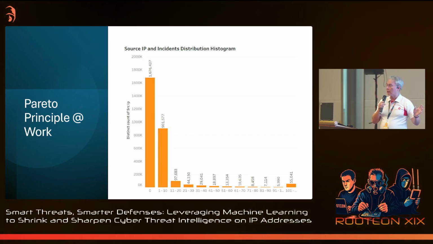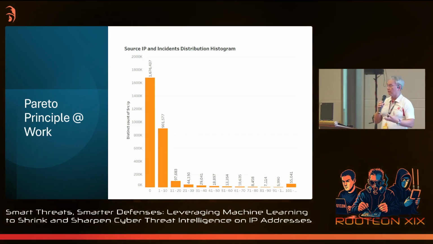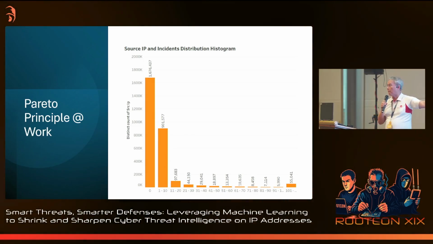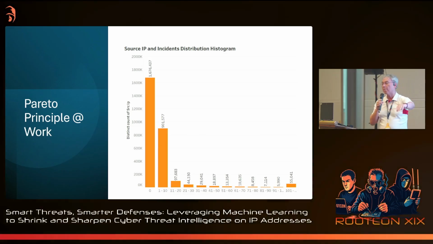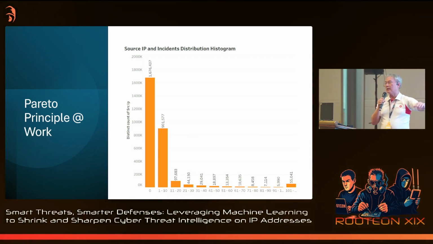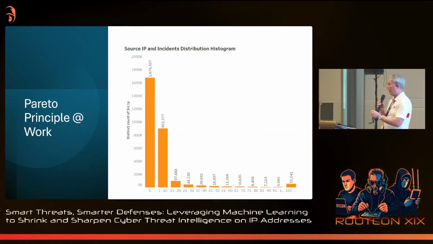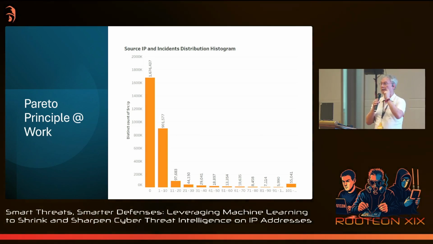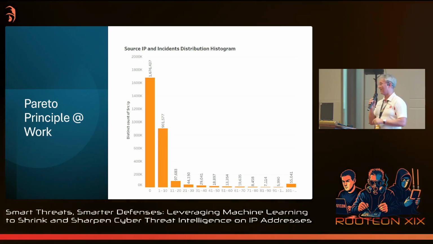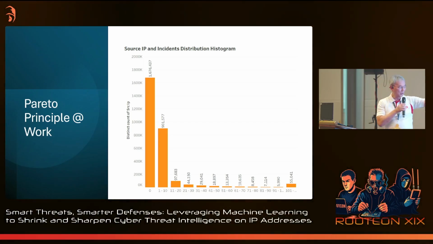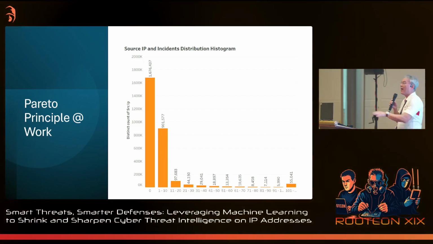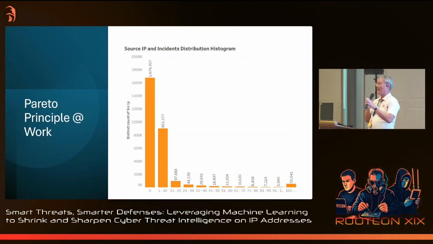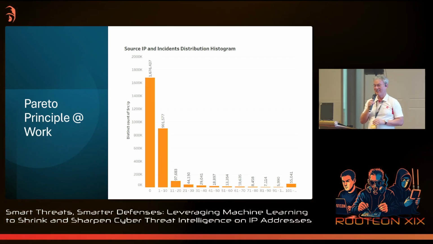Apparently, when we looked at the data and did a little bit of digging, you will see a Pareto principle in effect. So this is a histogram. On the x-axis is the number of times we saw this IP attacking our client's network. You will see that the majority, 1.6 million IP, never hit any of our networks.